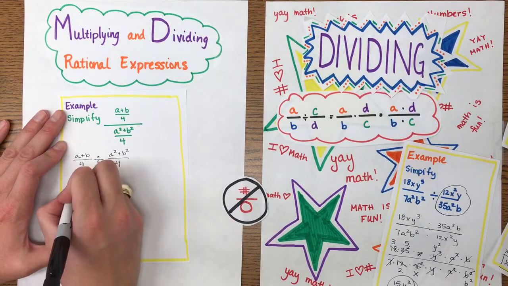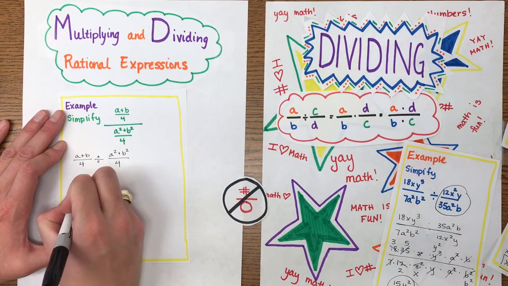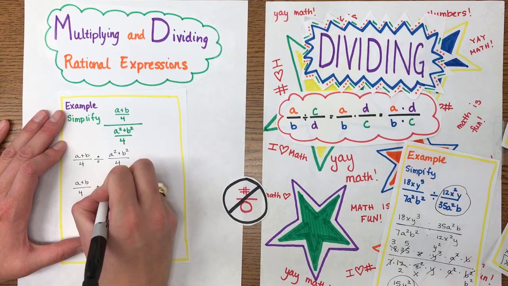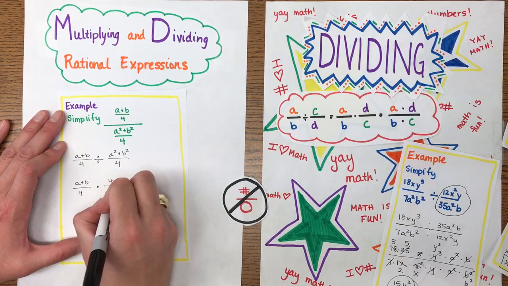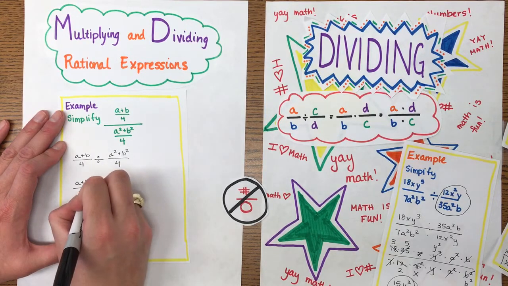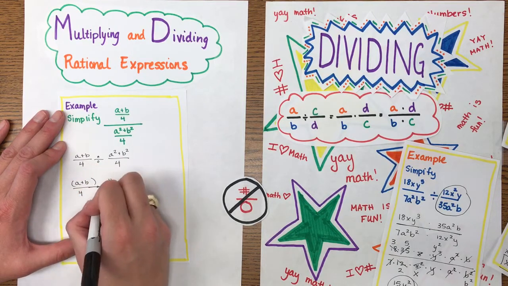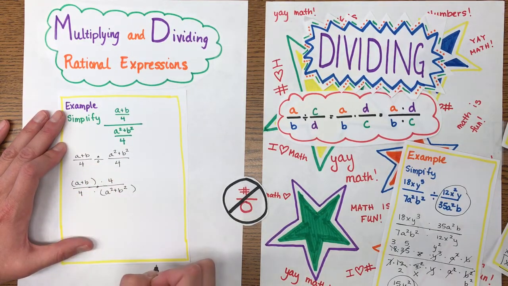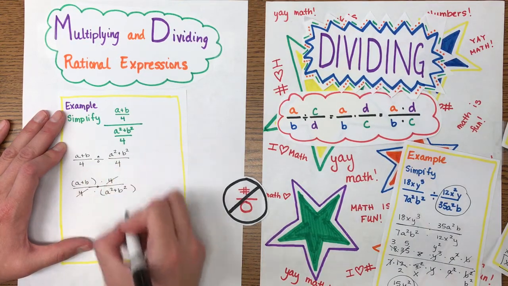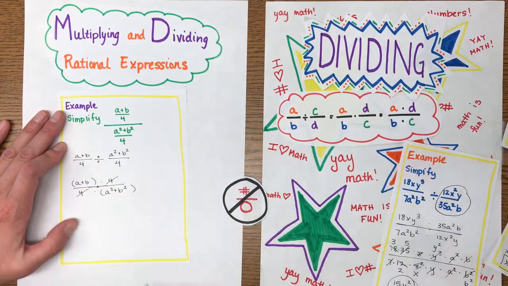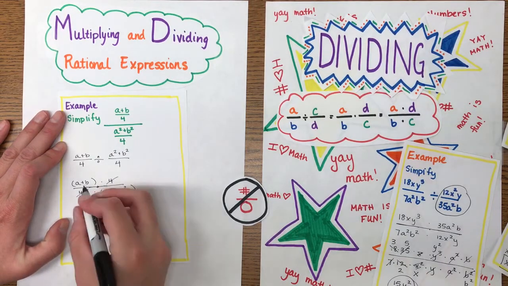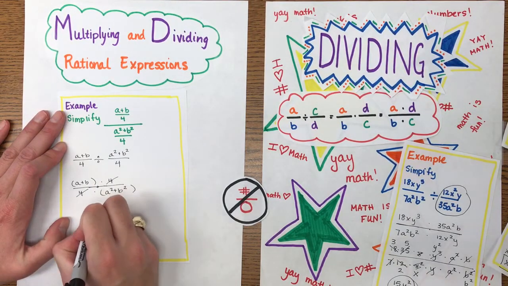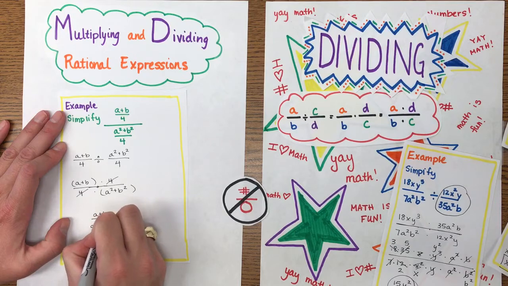So now this is going to become a plus b over 4 times 4 over a squared plus b squared. That can become one big multiplication, with multiplication in the numerator and denominator. The 4's are in common. A squared plus b squared cannot be factored, so this just becomes a plus b over a squared plus b squared.